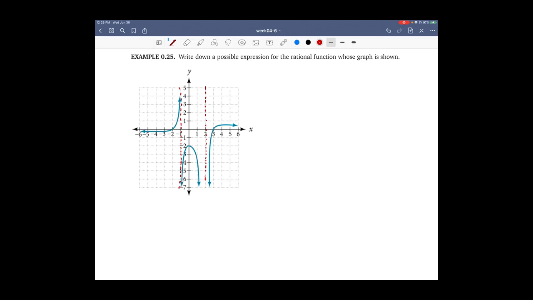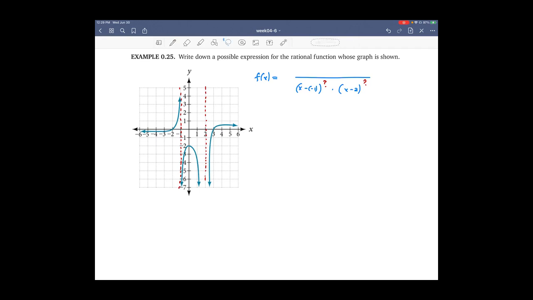There are no points of removable discontinuity, so -1 and 2 will be the roots of the denominator, but not the roots of the numerator. Perhaps in some power times x minus 2, also perhaps in some power.